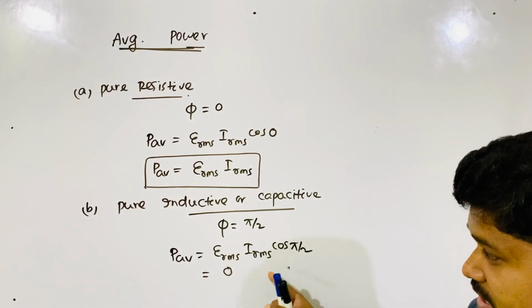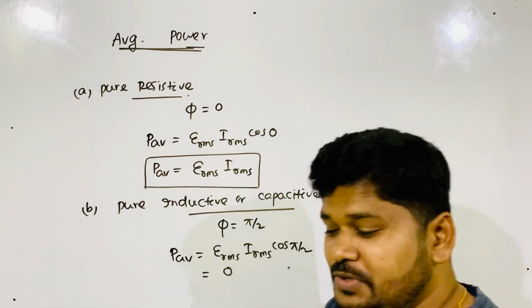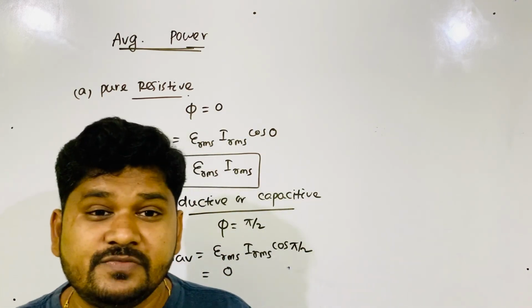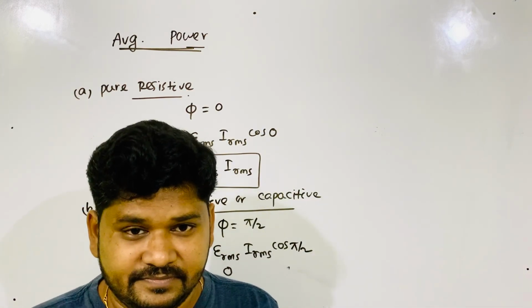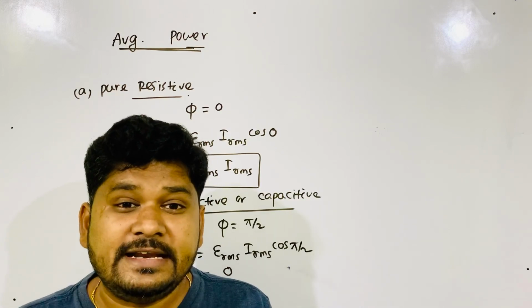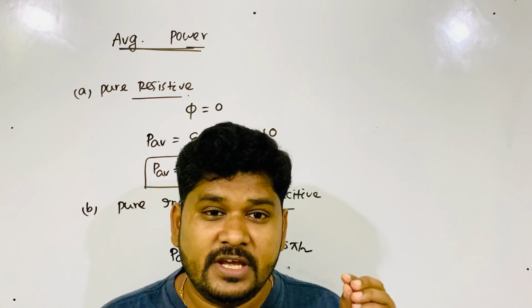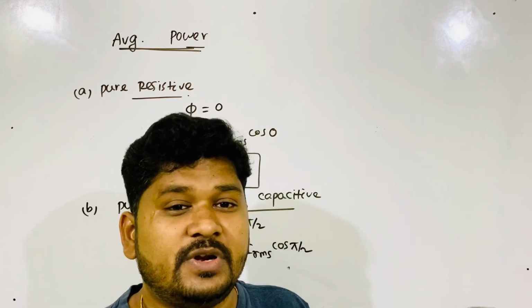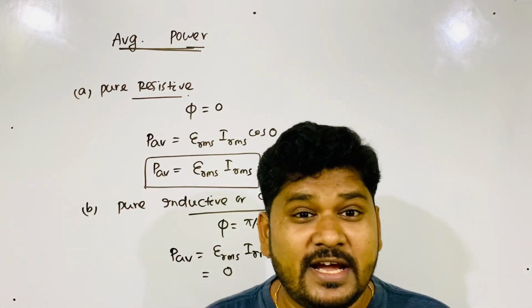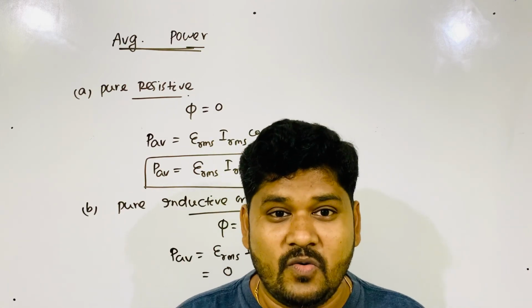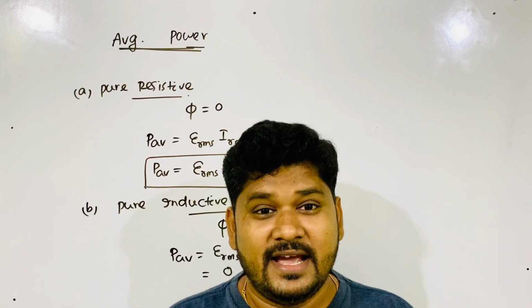So the current which passes through pure inductive or pure capacitive circuit consumes no power. No power is required to maintain current in pure inductive and pure capacitive circuit. So that current is called wattless current.